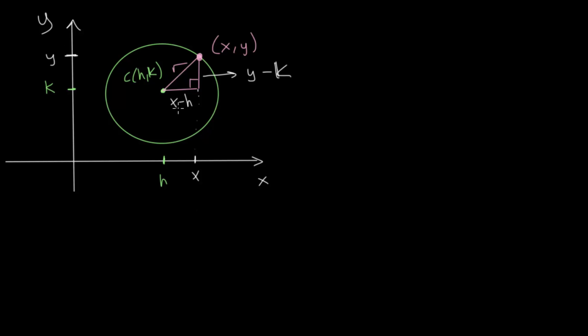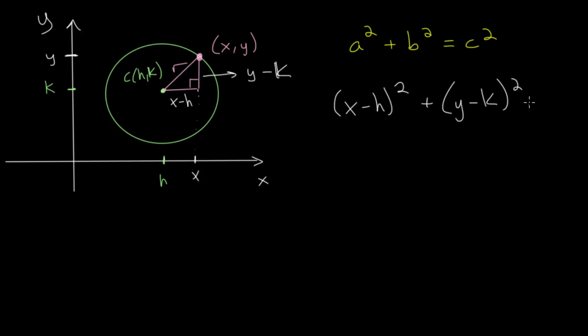So we have our two side lengths, y minus k for our vertical side and x minus h for the horizontal side. And now we just want to apply the Pythagorean theorem, that a squared plus b squared is c squared, where a and b, these are the legs, so we could plug those in. We have that x minus h, we square that, that's our a value, and then we add that to our b value squared, so y minus k squared, and this is all equal to the hypotenuse squared, and our hypotenuse is the radius, r.